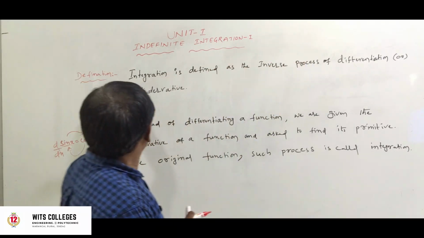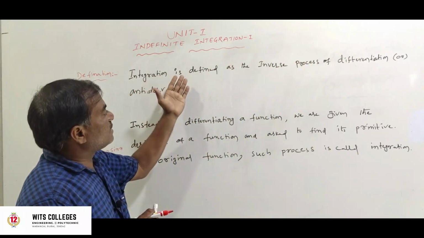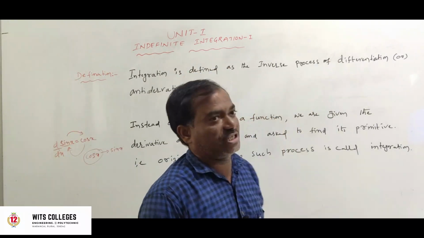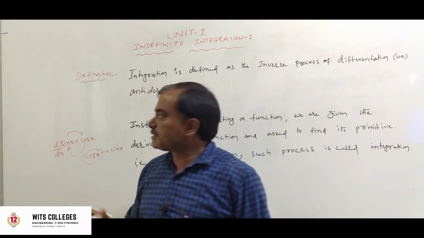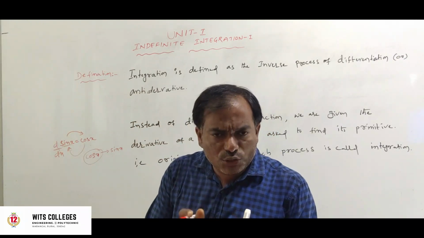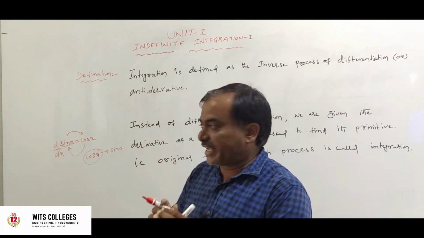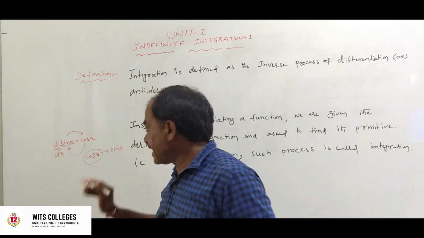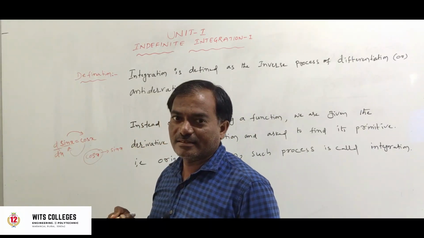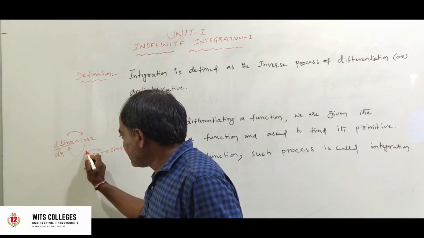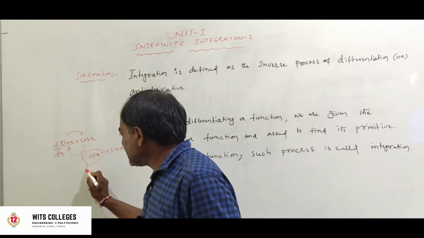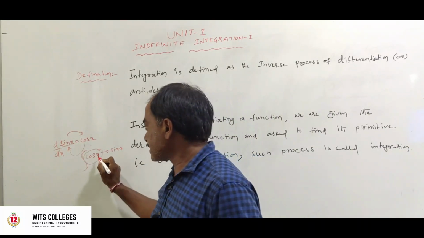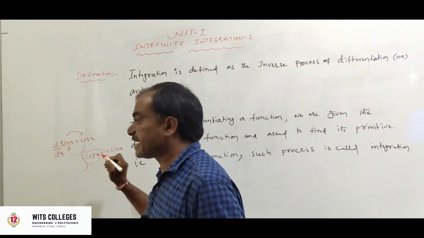So here integration is defined as the reverse process of differentiation. If we apply any one operation on cos x and we get the original function, this is called integration. So integration of cos x gives sin x.